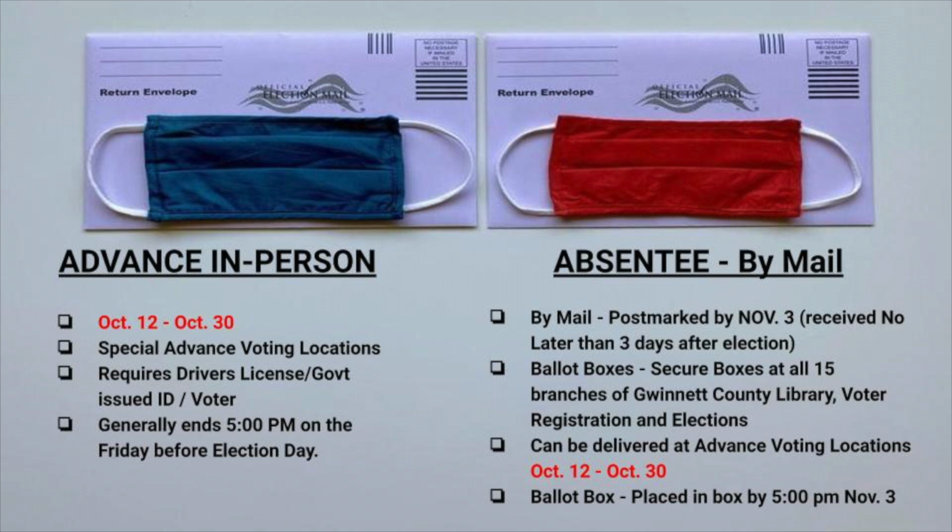When it arrives and after you complete it, you can choose to either put it in the U.S. mail or you can place it in a secured ballot box at any of the 15 Gwinnett County Library branches between now and November 3rd. Or you can deliver it at any of the advanced voting locations between October 5th through the 30th.